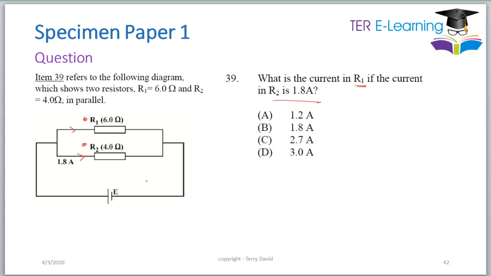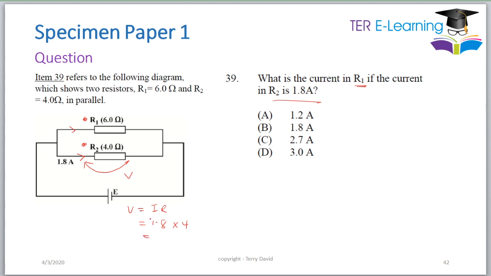Now, basically we are using our circuit laws here. So if I know the current flowing through R2, I can know the voltage across it, because I know the current flowing through the resistor and I know what the resistor is. So I'm just going to use V equals IR, which is equal to 1.8 multiplied by 4, right?